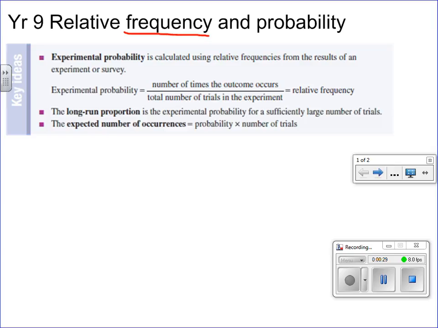So in this one, what we're going to talk about is experimental probability, and that's where we use our relative frequency from our experiment to make predictions.